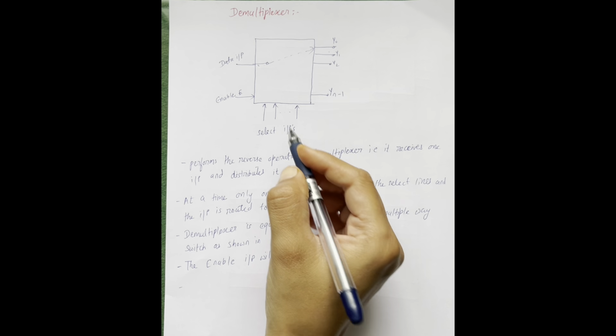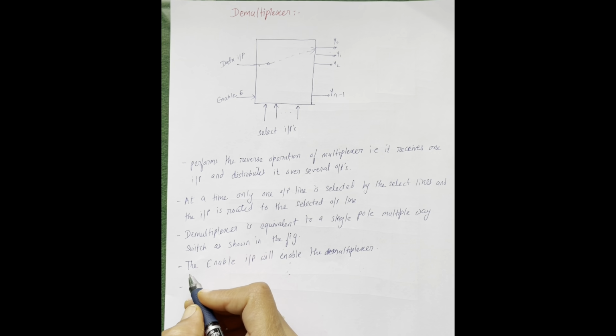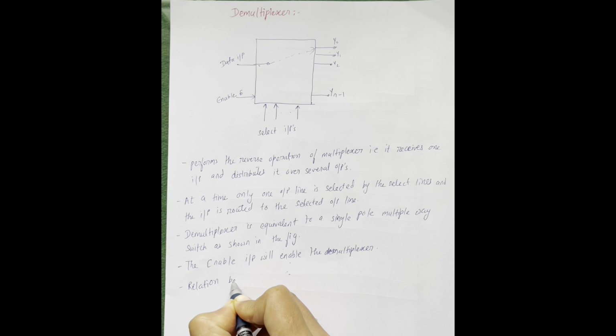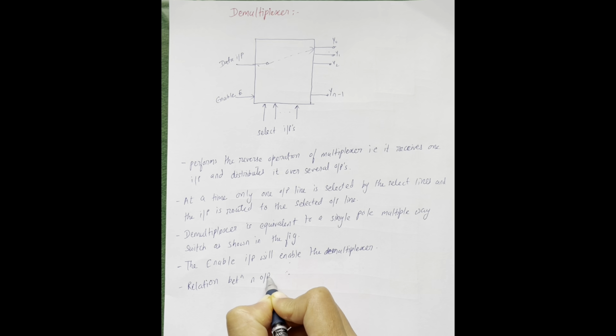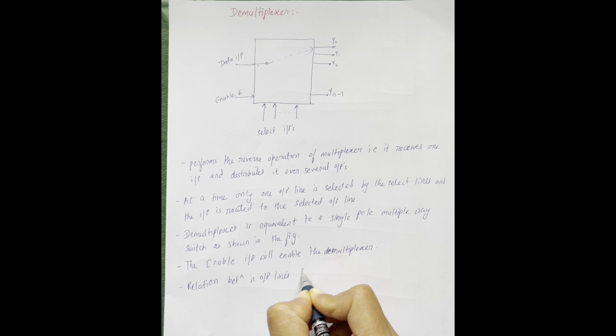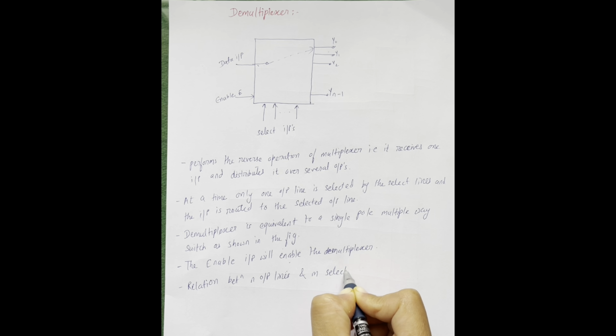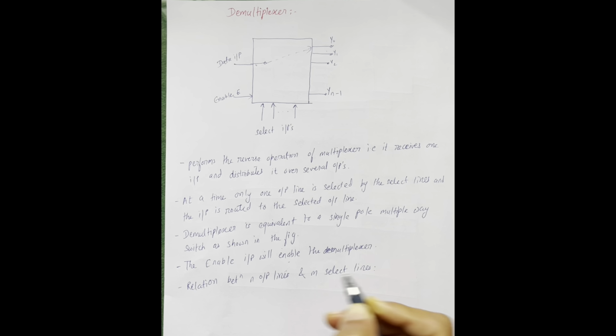Now how to calculate select lines? I'll tell you the relation between n output lines and m select lines, right? The relation is n equals 2 to the power m, same as in multiplexer, so the relation has not changed here.